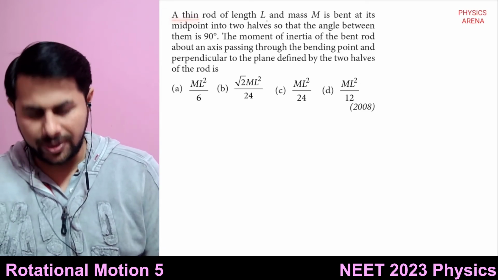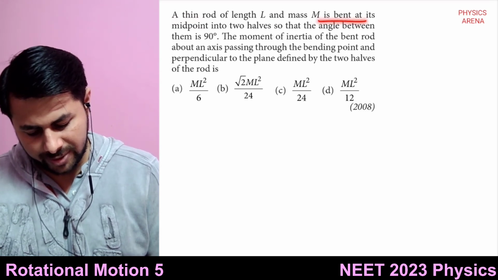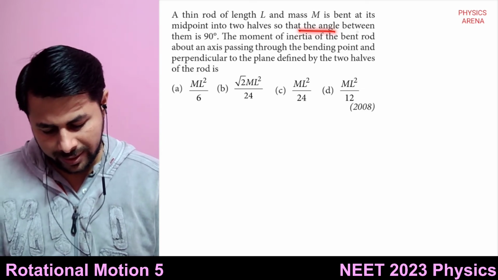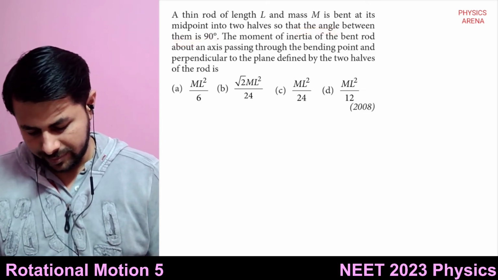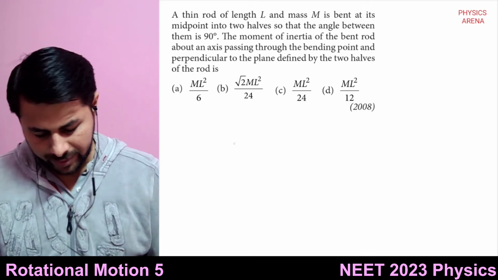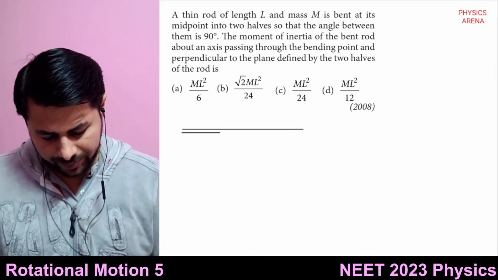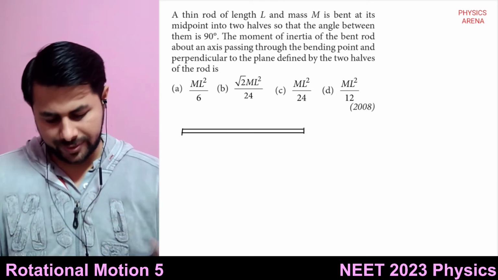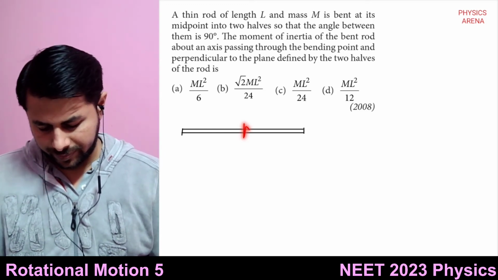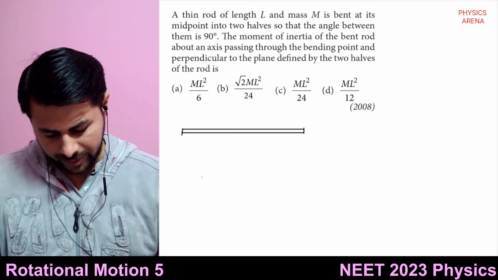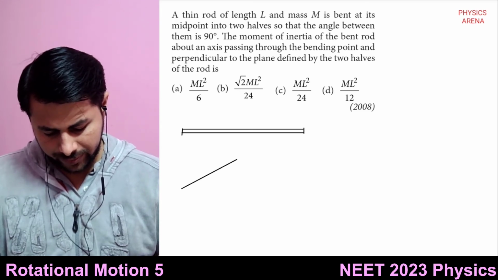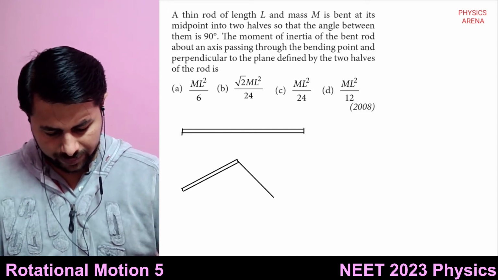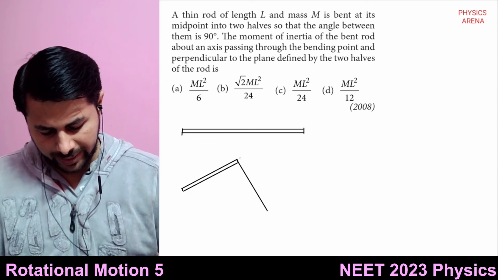A thin rod of length L and mass m is bent at its midpoint into two halves so that the angle between them is 90 degrees. So you are bending a thin rod. Suppose you have this rod and you bend it into two halves at 90 degrees.